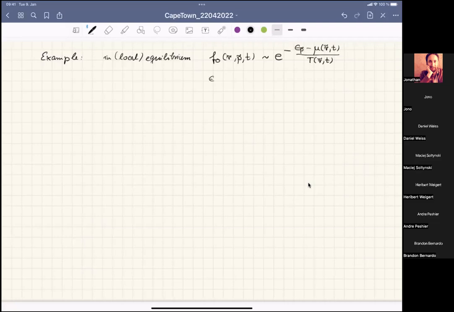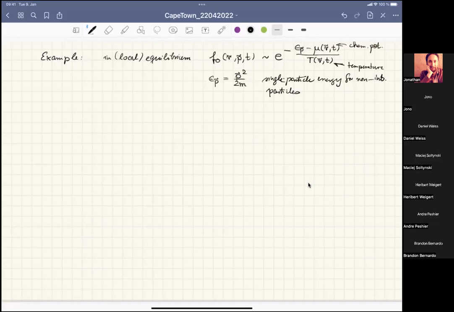For my purposes, this is the single particle energy, momentum squared over 2 times mass, for non-interacting particles. And mu is the chemical potential, and T is the temperature, and they can depend on space and time in local equilibrium.